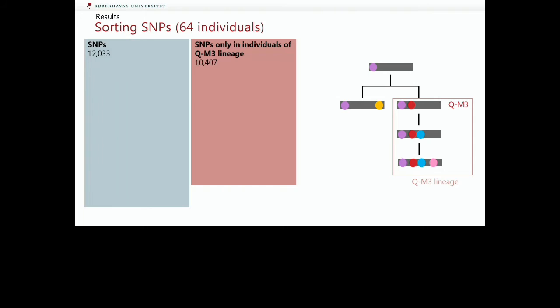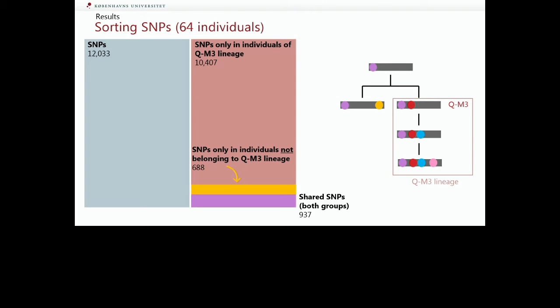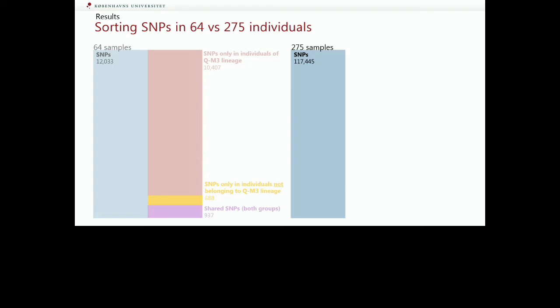So out of these 12,000 SNPs, we found 10,500 SNPs that were only found in individuals that belong to this QM3 lineage. Then 690 SNPs that were only found in individuals that specifically do not belong to the QM3 lineage. And then there were also 1,000 that were shared. So they were found in individuals belonging to this lineage as well as not belonging to the lineage.